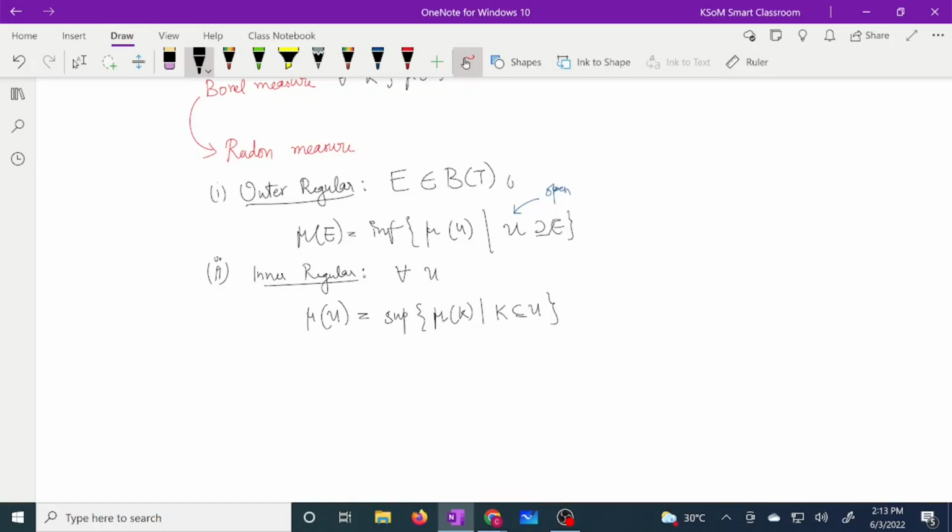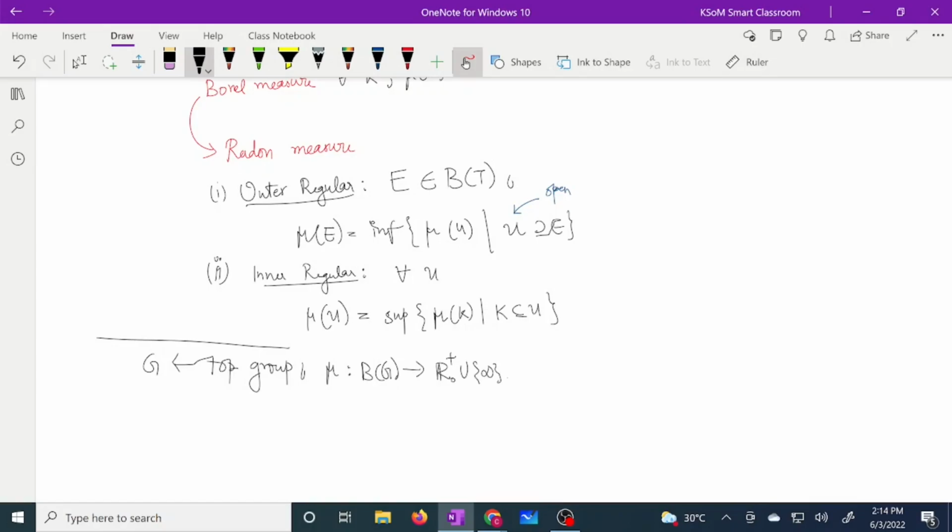Now we have defined these things. All this was for a general topological space. Now we shall restrict ourselves to topological groups, so we have the last definition. If G is a topological group, which again I am assuming is Hausdorff, then you have a measure mu from the Borel sigma algebra of G to R plus union infinity.